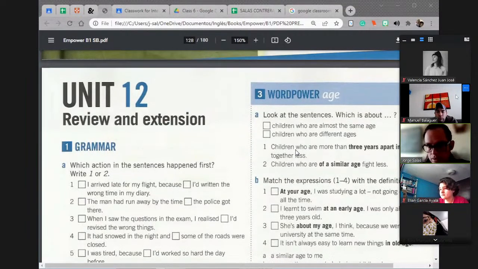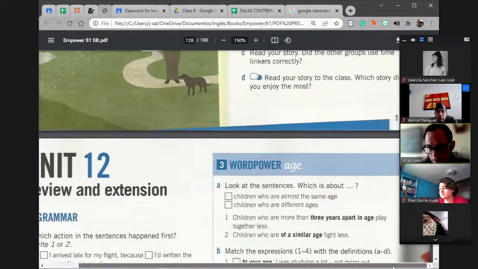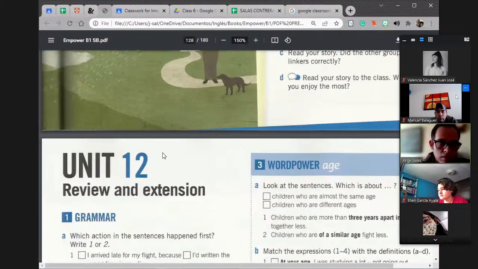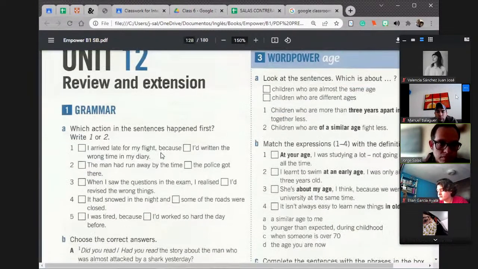This is page 126. But let's do it all together, because in the previous activity you did it individually. Now let's all work at the same time.